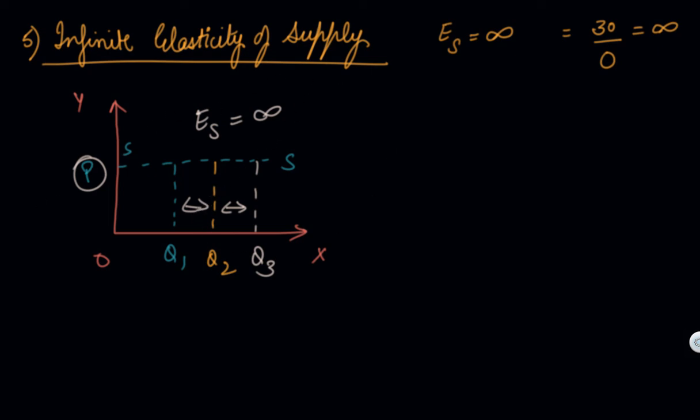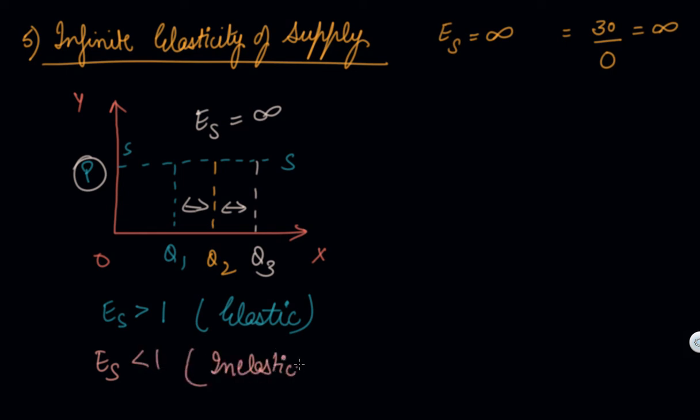When your elasticity of supply is greater than 1, you call it elastic. When it is less than 1, you call it inelastic. When it is equal to 1, you call it unitary.